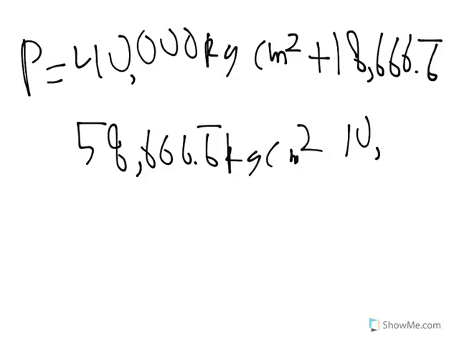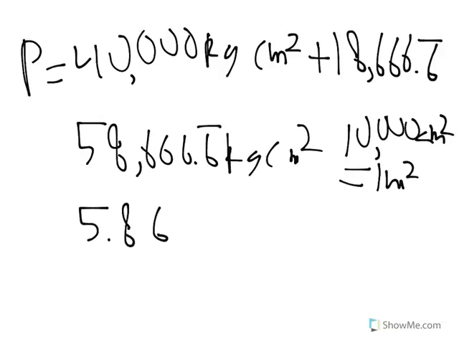And since 10,000 centimeters squared equals 1 meter squared, we can divide through by 10,000 and instead get 5.86 kilograms, meters squared is the moment of inertia of this spinning dumbbell.